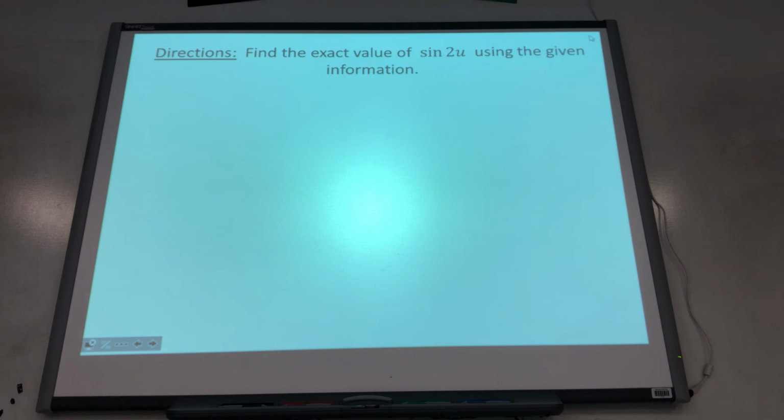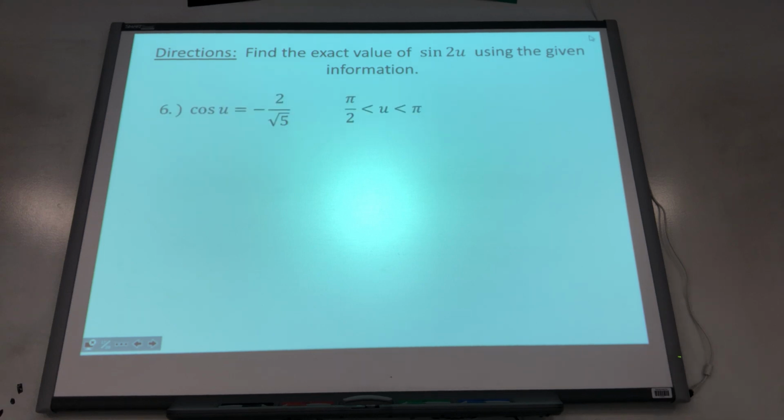But I'm just going to do one example from 5-5, and it looks like it involves a double angle. It says find the exact value of sine of 2u using the given information.